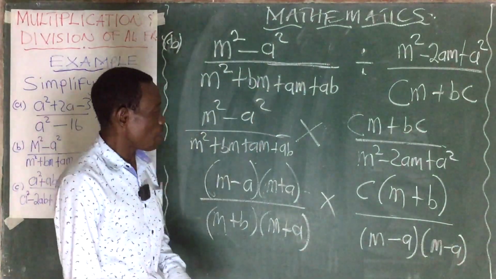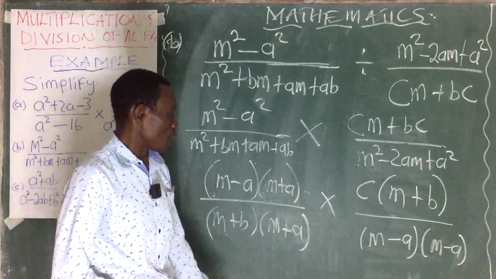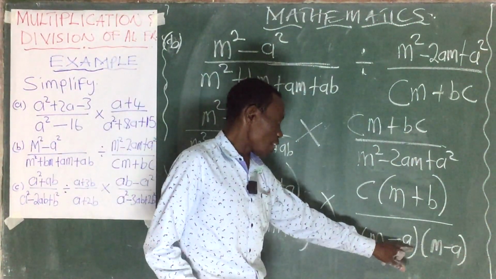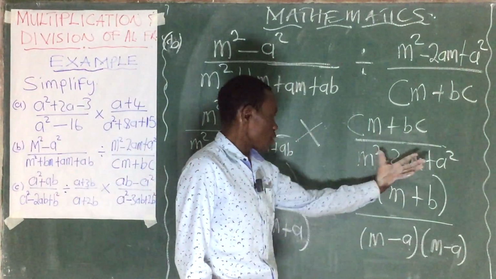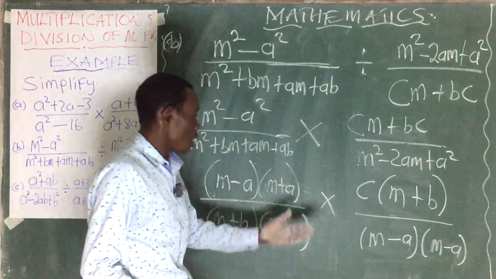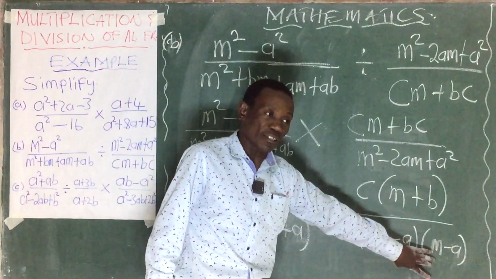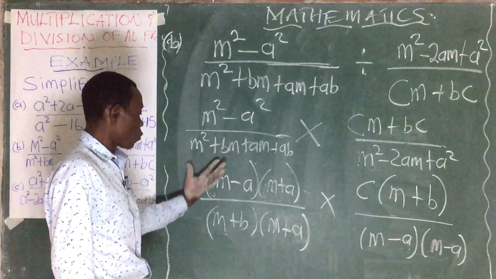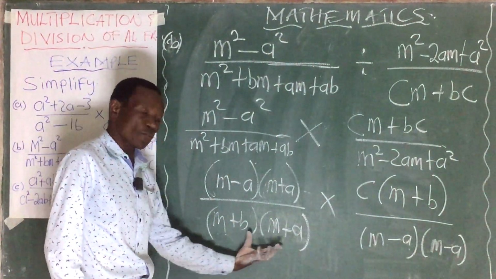That one is just like a perfect square because it has identical factors, m minus a and m minus a. You can do the factorization by the grouping method and you're really going to obtain these factors here.